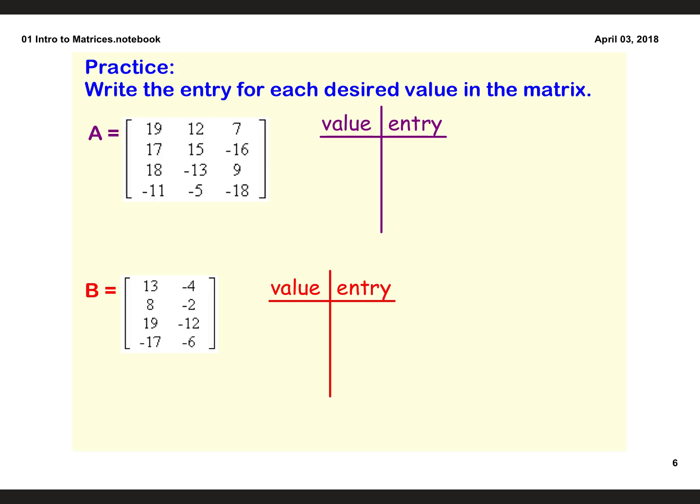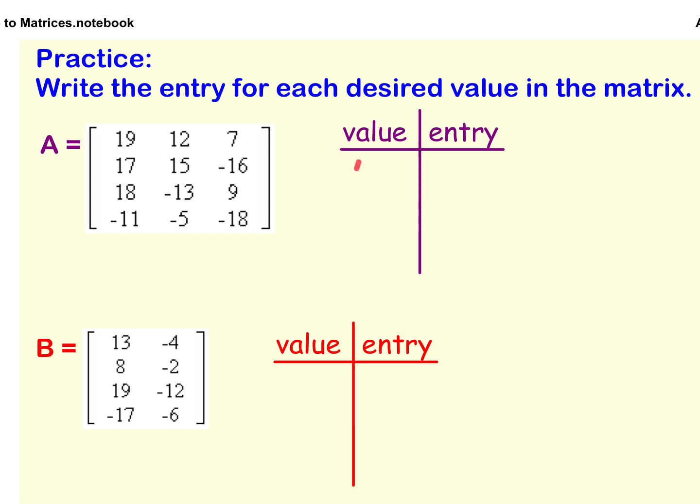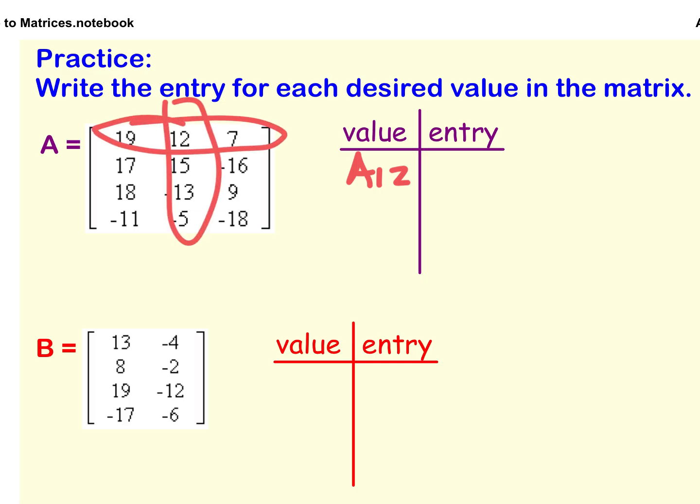Okay. All right. So if I said A1, 2, can you tell me what that is? What's A1, 2? Well, it's row 1, column 2. This is row 1. This is column 2, so it's 12.